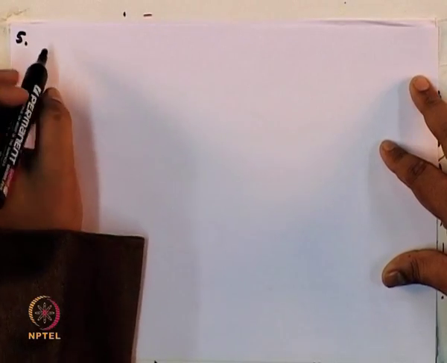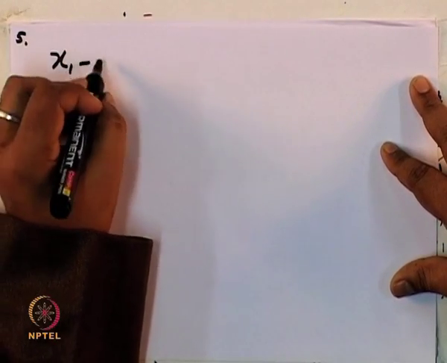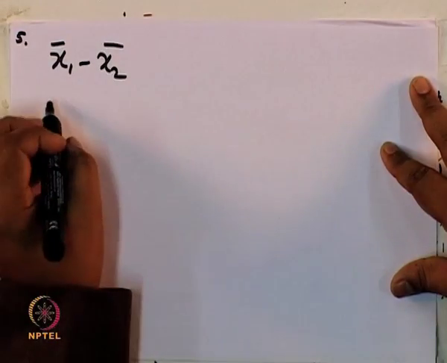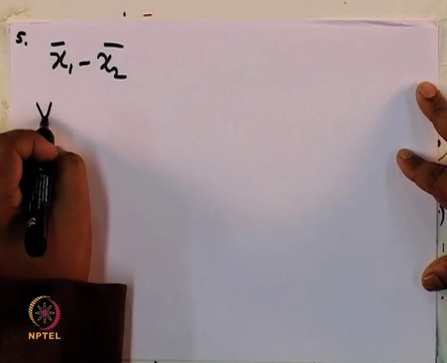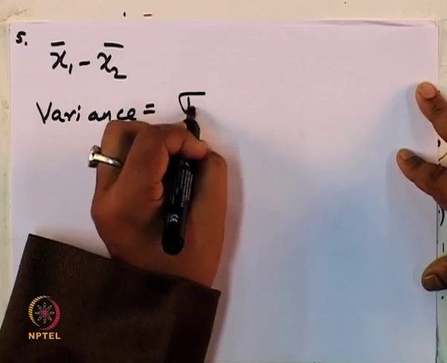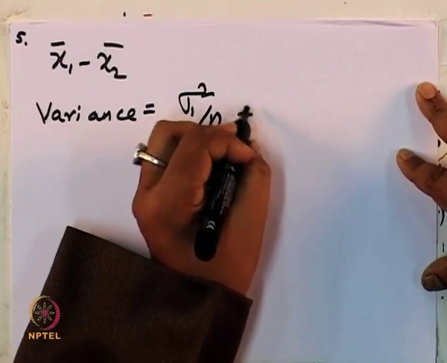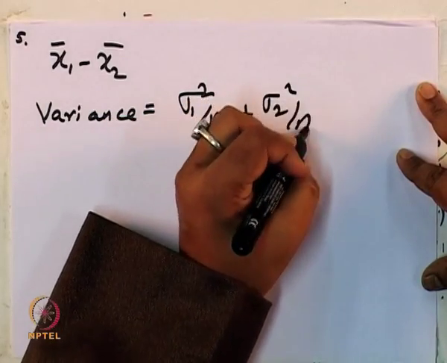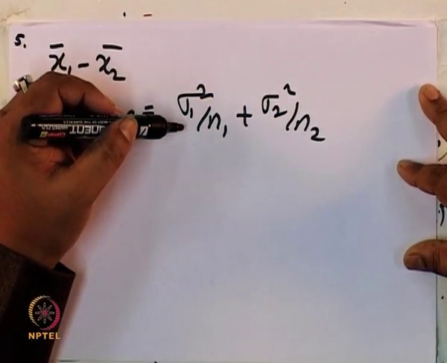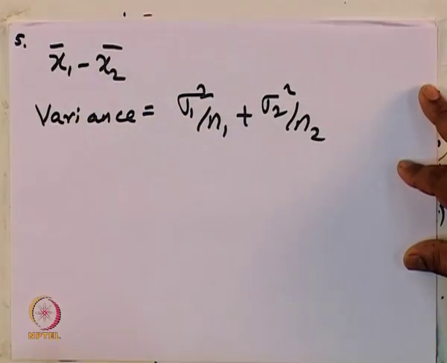If I define x 1 bar minus x 2 bar as a random variable, the variance will be given by the sum of the variances of the individual terms, which is sigma 1 square by n 1 plus sigma 2 square by n 2.